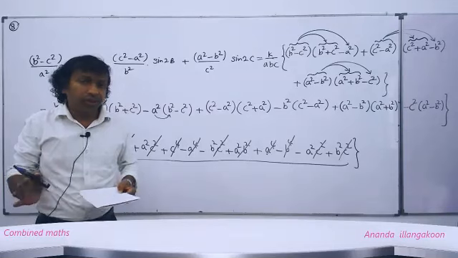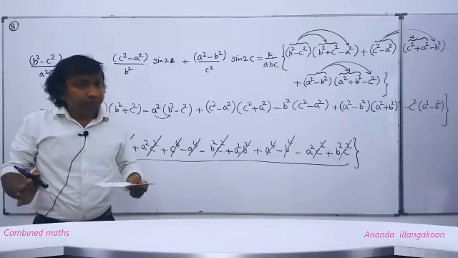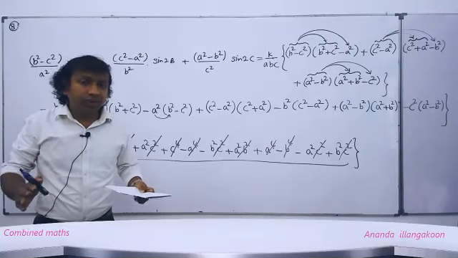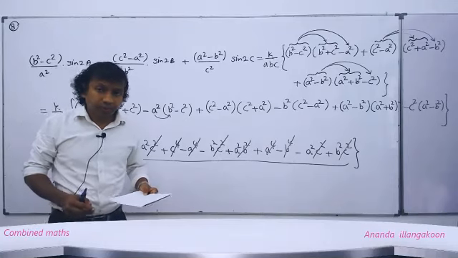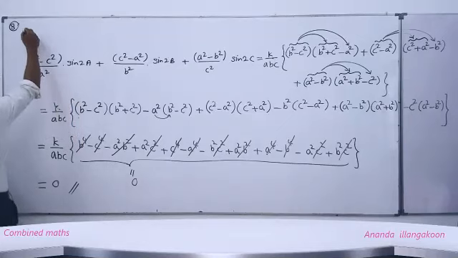Not less than, not more than 3. If any expression contains 2 terms, there is no point in taking the cyclic symmetrical property.